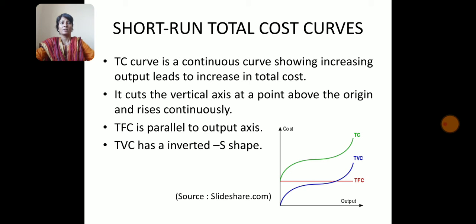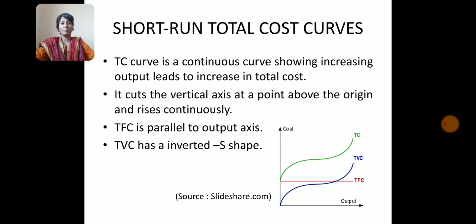This is because even when no output is produced, the firm has to incur fixed costs. The total fixed cost, that is TFC curve, is parallel to output axis because total fixed costs are the same whatever be the level of output.